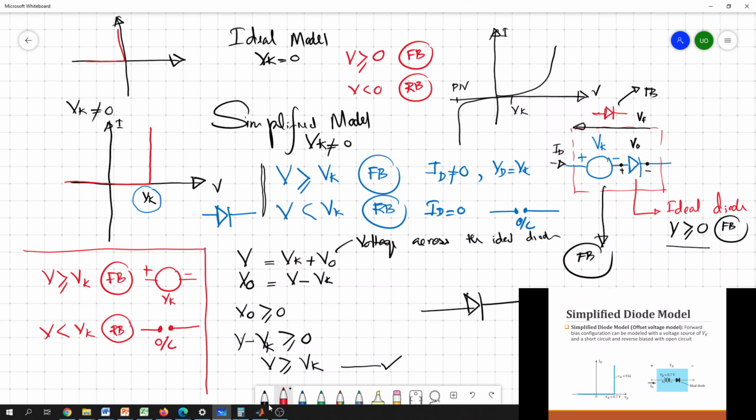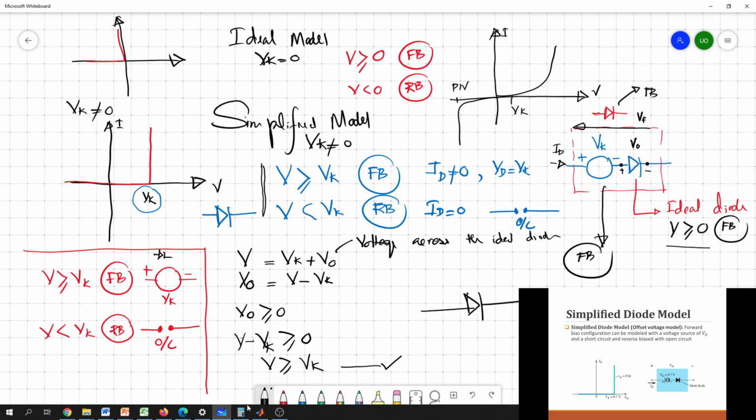So these are the two conditions you need to satisfy. If you want to make it forward biased, the voltage applied across the diode should be greater than or equal to Vk. Then, if it is in the forward bias region, you can replace the diode with a fixed DC source of Vk like this. Keep in mind the polarities are like this.